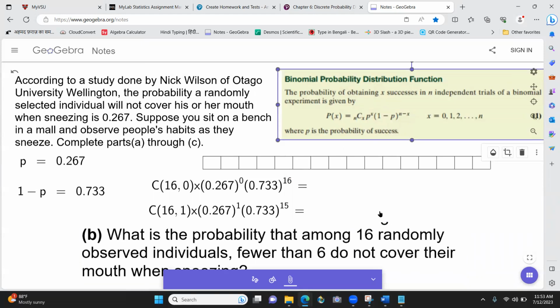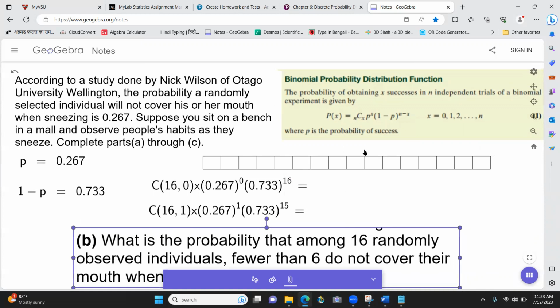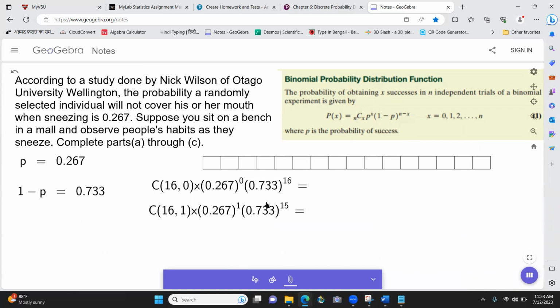Using this formula. Okay. For the first one, n is in our problem, n is 16. Probability of zero, probability of no success. This is where it goes. 16 choose zero. And then this probability of success to the power zero.